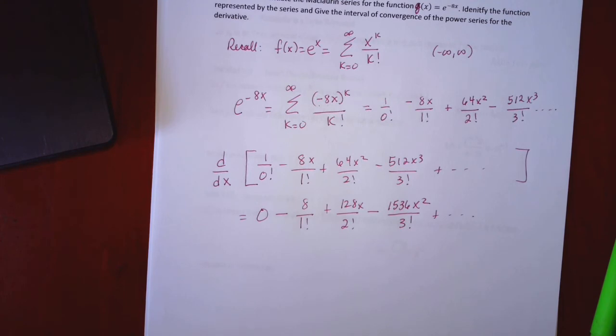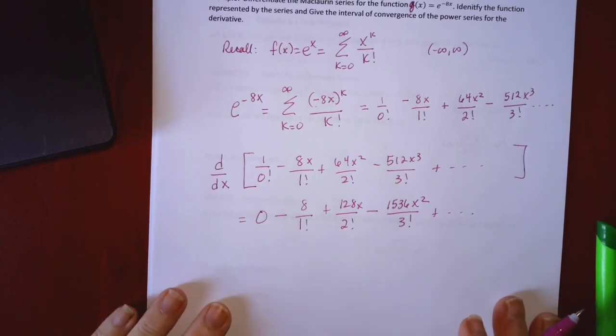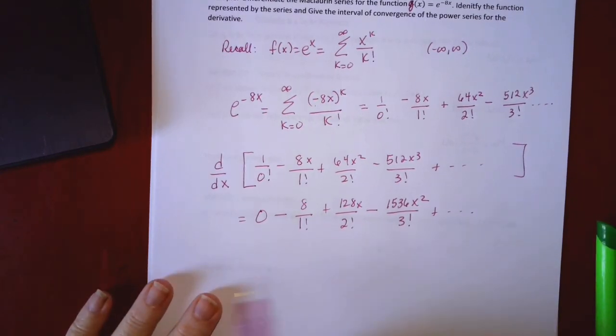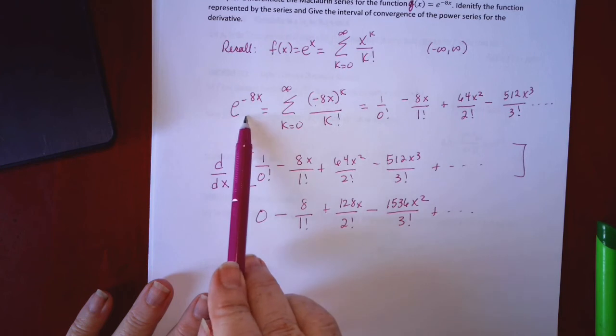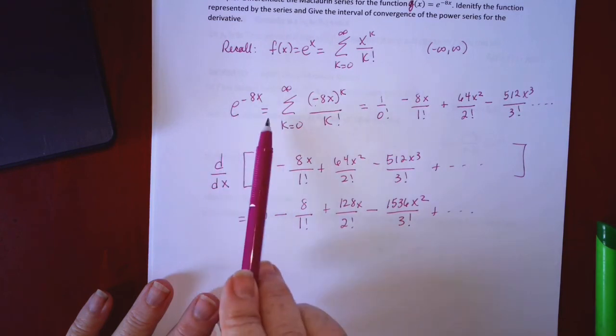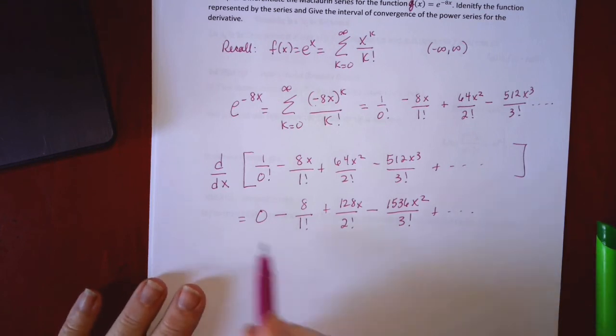Well, I expect my derivative to be the same as the derivative of e to the negative 8x, just in power series form. So I'm going to see if I can figure out how to rewrite that. If I took the derivative of e to the negative 8x, I would have e to the negative 8x times what? Negative 8, right? Because of the derivative of the exponent.